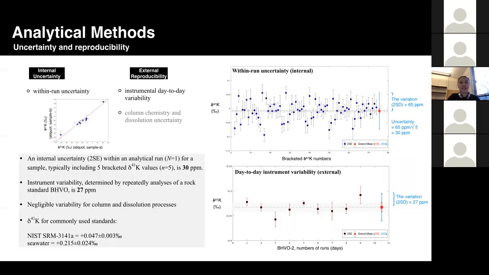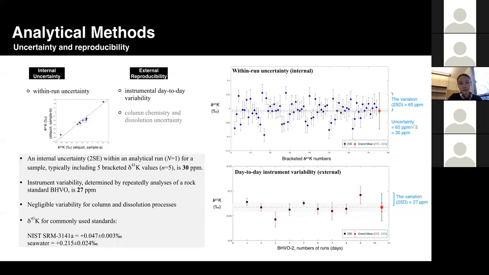For our data, the internal uncertainty can be evaluated by a within-run uncertainty, and it is the standard deviation divided by the number of sample-standard brackets. That is normally 5 of them. So we reported internal uncertainty as 30 ppm.